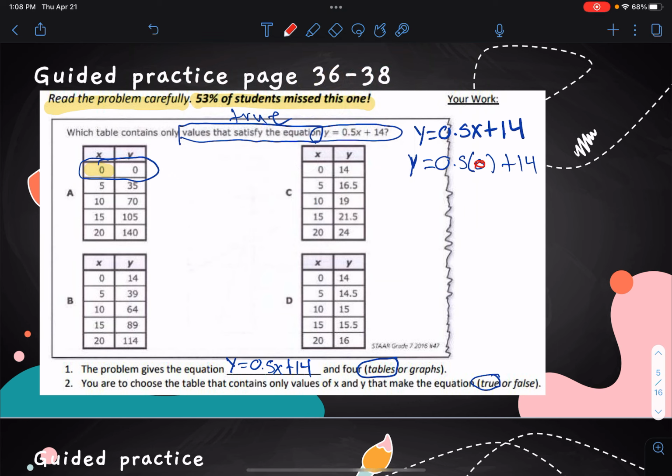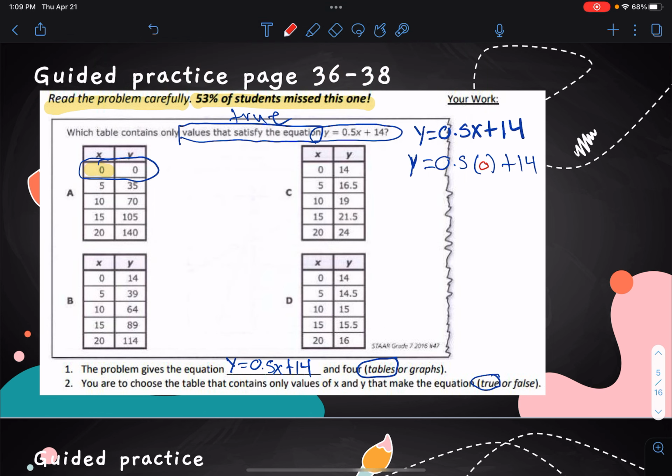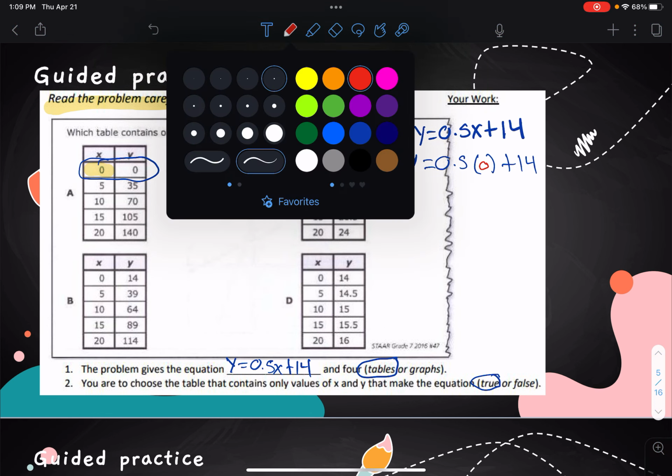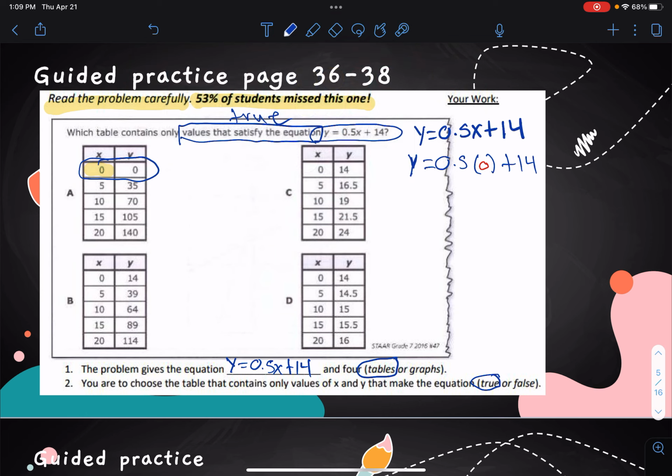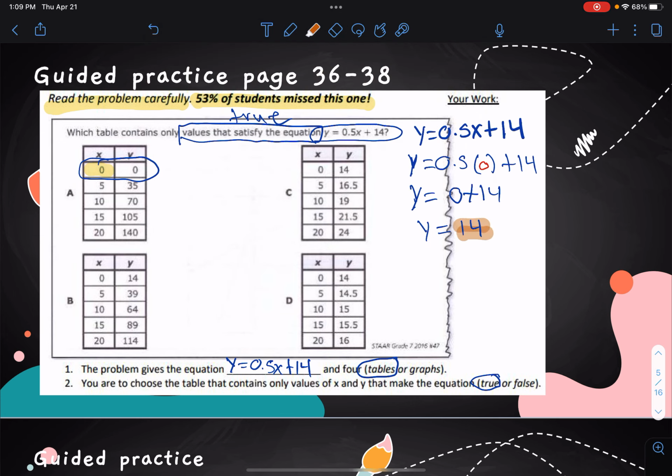Actually, let me put this in a different color. All right, so you know that that's what I'm plugging in. Now that I solved this, 0.5 times 0 is 0, and then 0 plus 14 is 14. So I should have 14 next to the 0 under my y column.